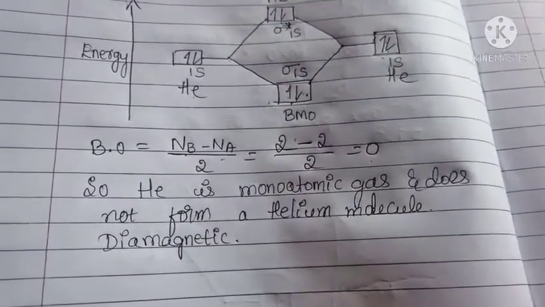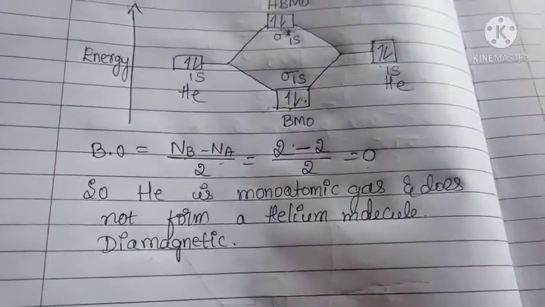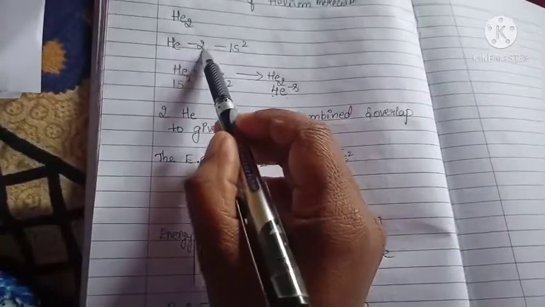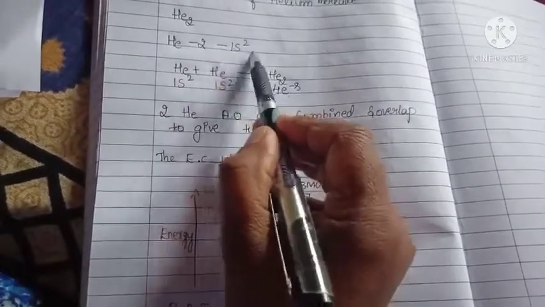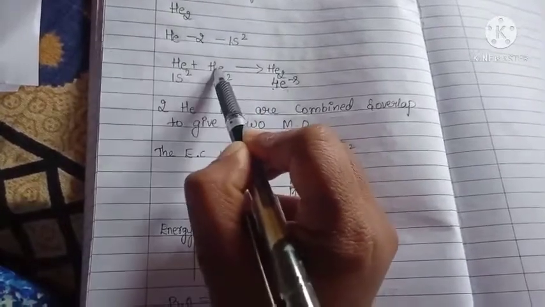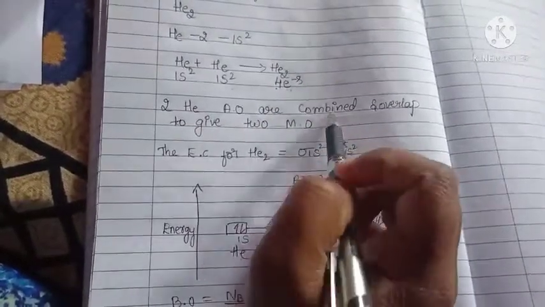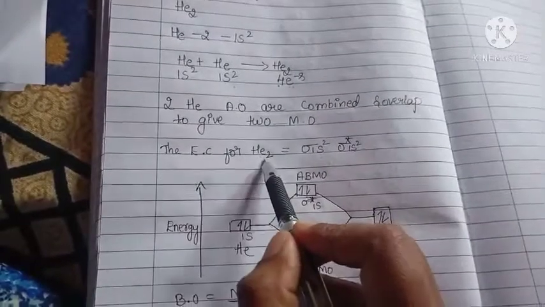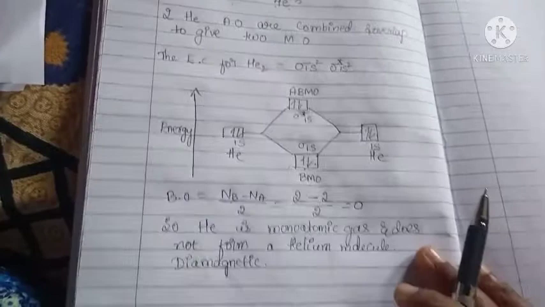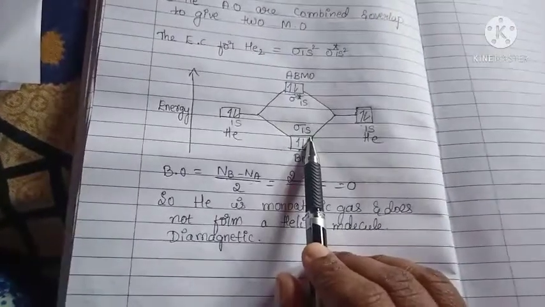These are all about the formation of the helium molecule. Here I am explaining again. Helium means 2 electrons in the atomic orbital 1s2, and the two atoms together have 4 electrons. These two combine to form 2 molecular orbitals. The electronic configuration of the helium molecule is sigma 1s2 sigma star 1s2. This is the energy level diagram.